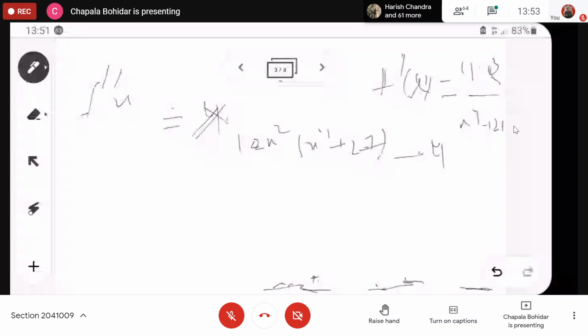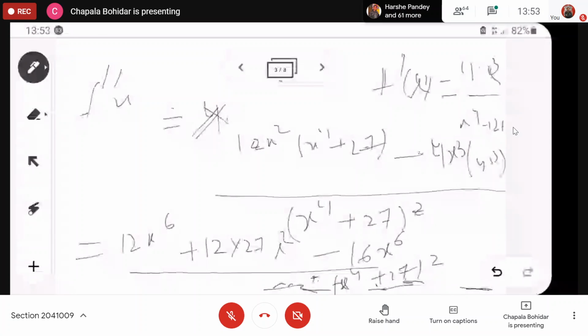Now I'm doing minus 4x cube. What you get, 12 x to the power 6, it is minus.